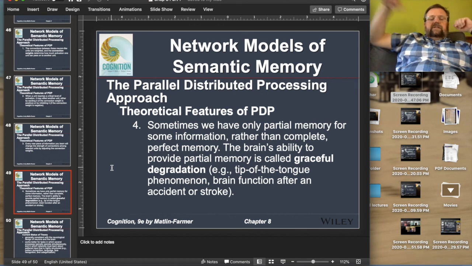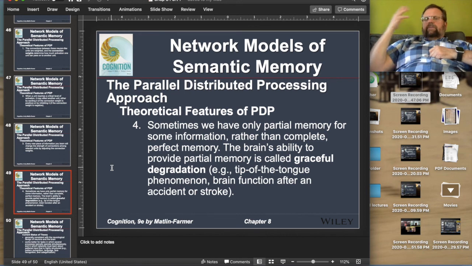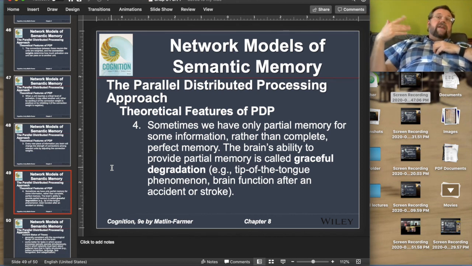The brain's ability to provide partial memory is called graceful degradation. And this is something like the tip of the tongue phenomenon. It's like when you see someone and you know that you know them, you're recognizing them, but you can't exactly remember their name. Or you can remember their name, but you don't remember where you met them.